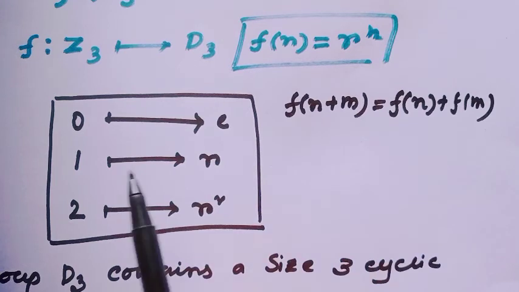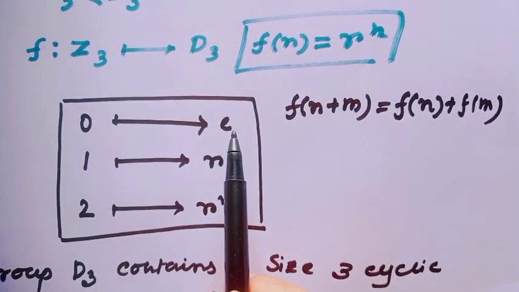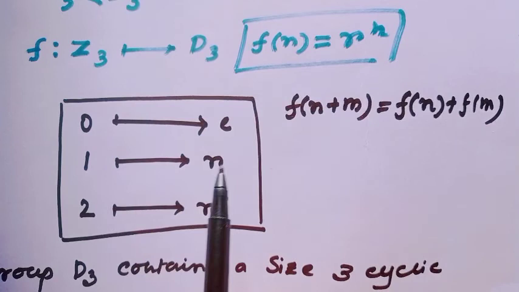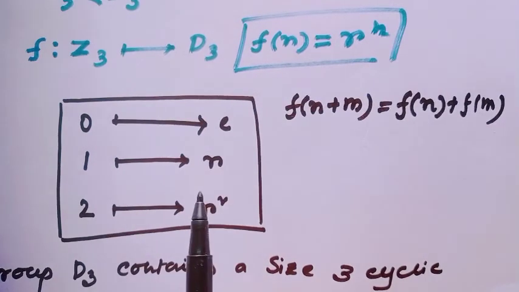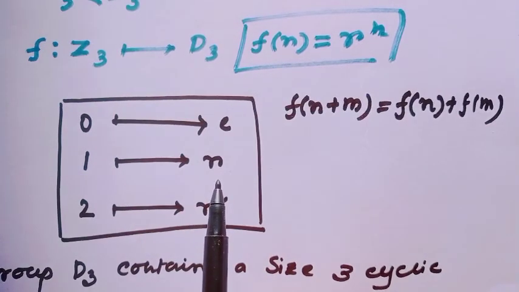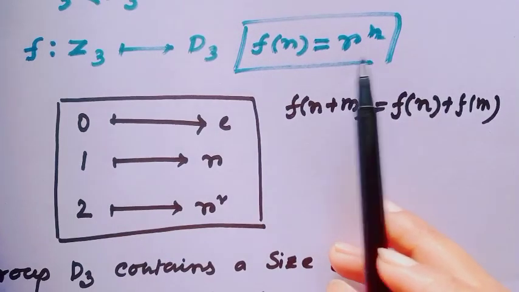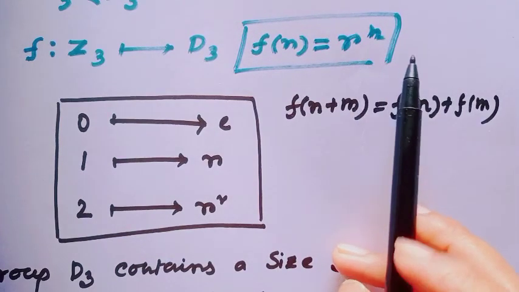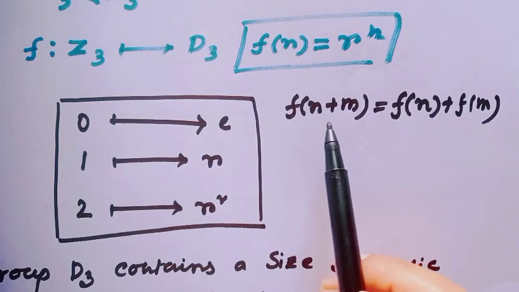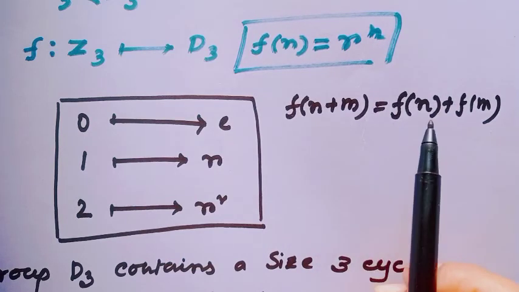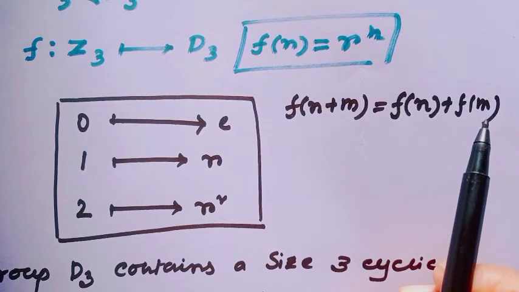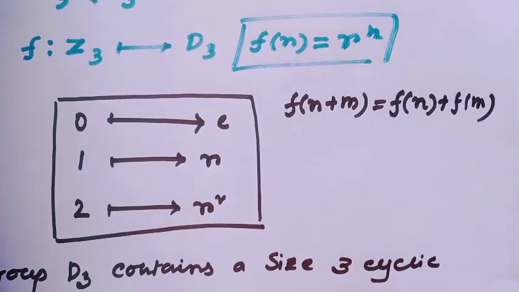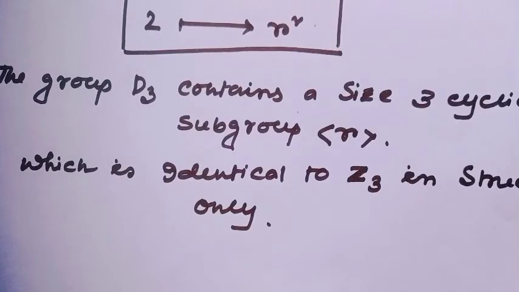That means the map looks like 0 maps to 1, 1 maps to R and 2 maps to R square. Okay? And we all of us know this is a homomorphism. This will satisfy the relation f of n plus m equals f of n plus f of m. Okay? Well, that means the cyclic subgroup generated by R is identical to the group Z3 in structure only.